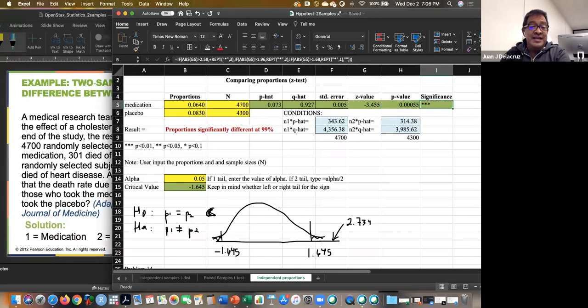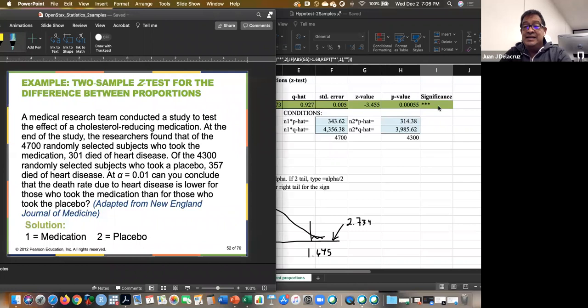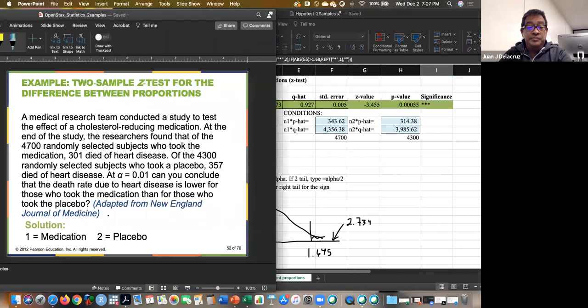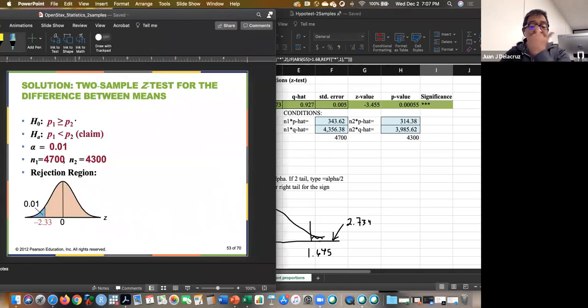If I am setting here a 1%, my p is less than 1%. So am I happy? I am very happy, because my p-value compared to the level of significance is smaller.